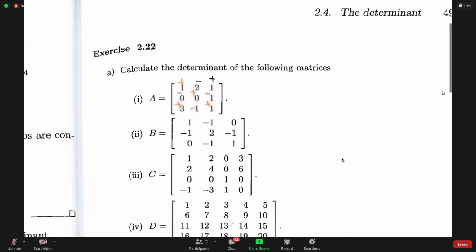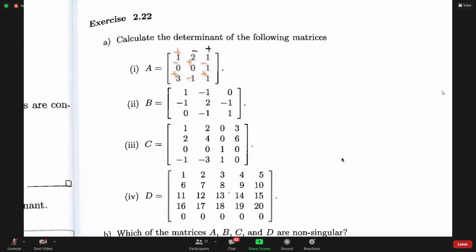This is exercise 2.22 from the book. We are not going to work neither point A, neither point B, but we are going to work on point C. Why? Because it's the one that contains a 4x4 matrix. So it makes the most sense because I can apply all of the formulas that I've showed you before exactly on this matrix.